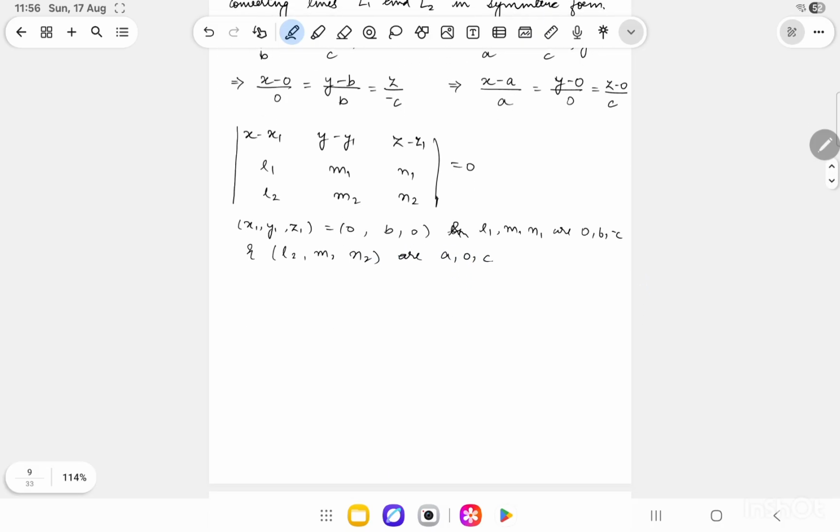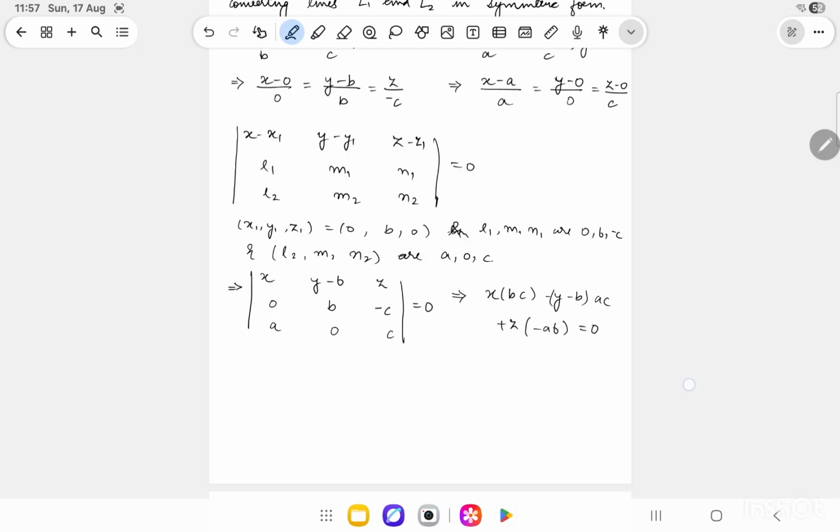So if I substitute these values in this formula I will get the determinant with rows x, y minus b, z; 0, b, minus c; a, 0, c equals 0, which I can further simplify to get x into bc minus (y minus b) into ac plus z into minus ab equals 0.